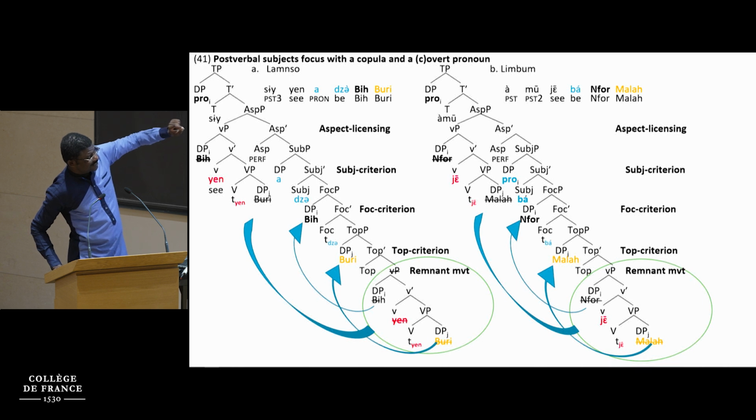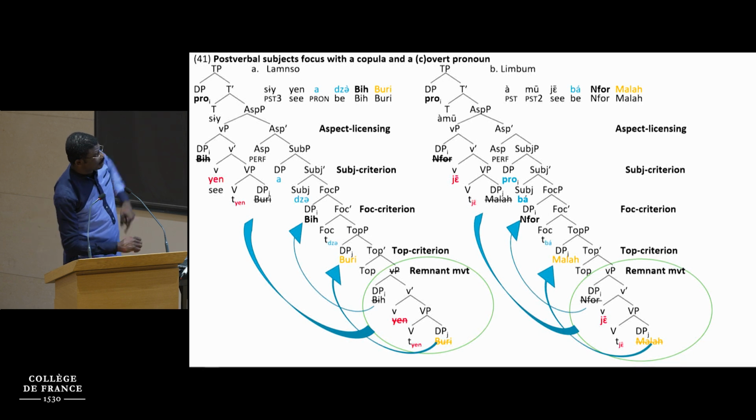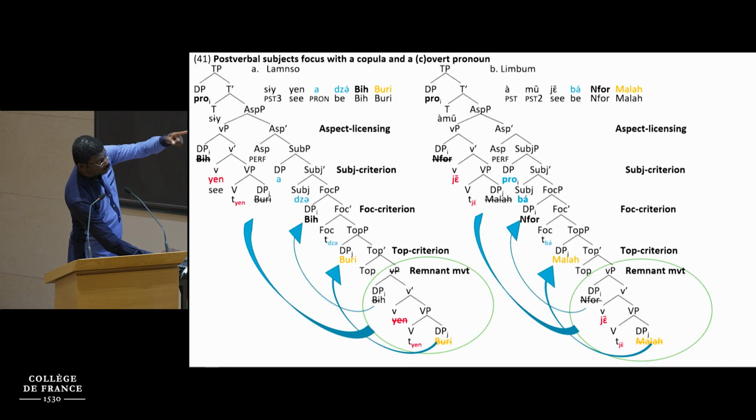that feature attracts the copula up, and the position of the subject phrase is occupied by a pronoun in Lamso, but the corresponding thing in Limbum on your right side is a null pronoun. Okay, so when you extract the subject, you send it to the specifier of the focus phrase.